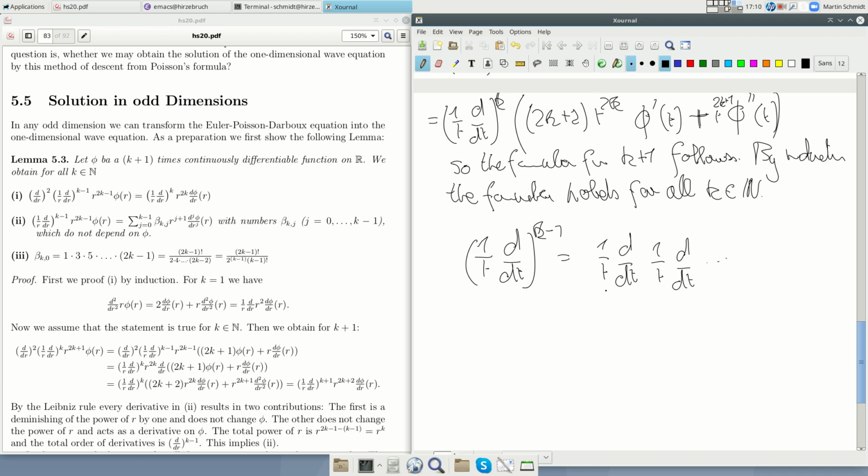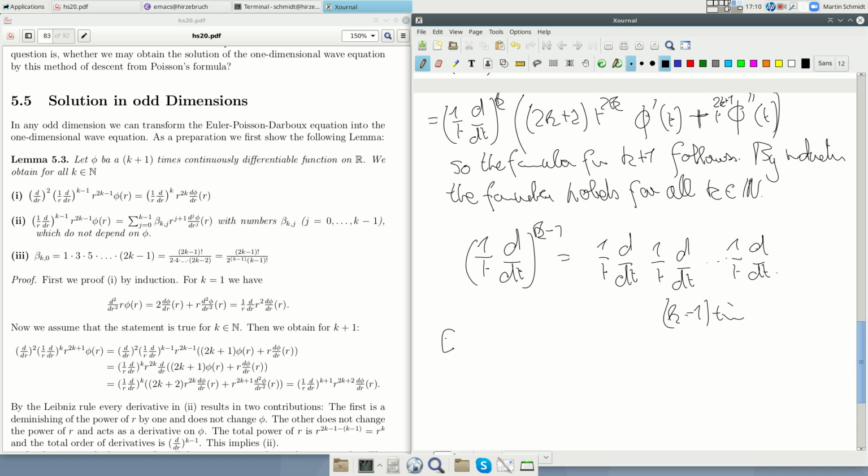So this means k times k minus 1 times these factors, and the last factor is d by dr. So every derivative, this is a product of such derivatives and powers of r.